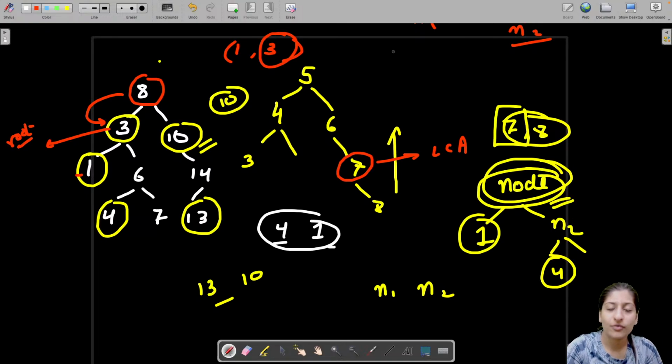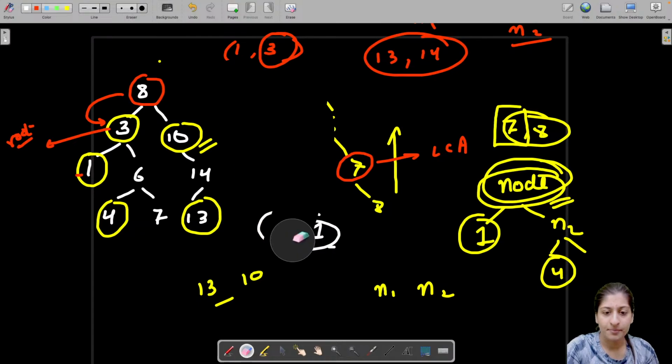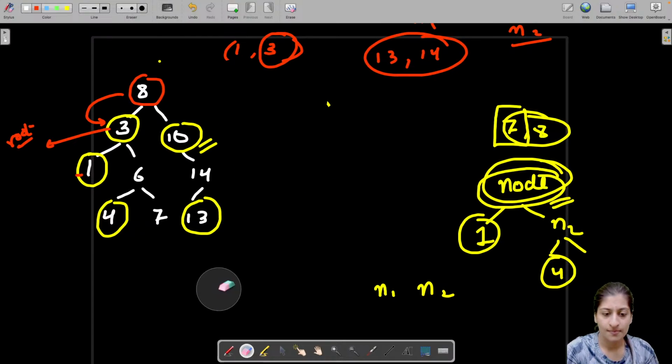Other cases, for example, both the nodes n1 and n2 are greater than the root node that I am trying to search for. For example, I am trying to check it for 13 and 14. In this scenario, what are you doing? You check the root node. You check n1 and n2 are greater than 8.